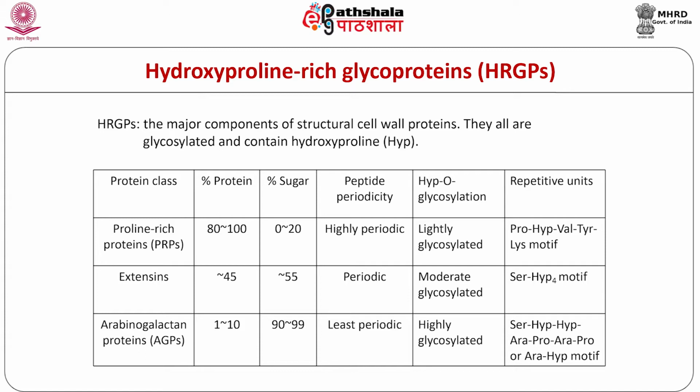HRGPs are the major component of structural cell wall protein. They are all glycosylated and contain hydroxyproline, that is HYP. The table shows the protein classes and the details of the different proteins.